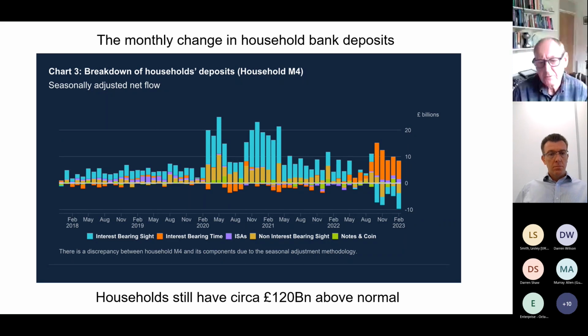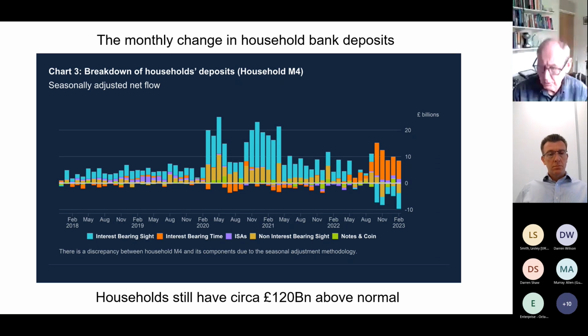And then during COVID, with lockdowns plus furlough, household balances didn't rise by 6 billion, they rose by 27 billion. And if you add up the excess above 6 billion a month, you come to the figure of 180 billion.